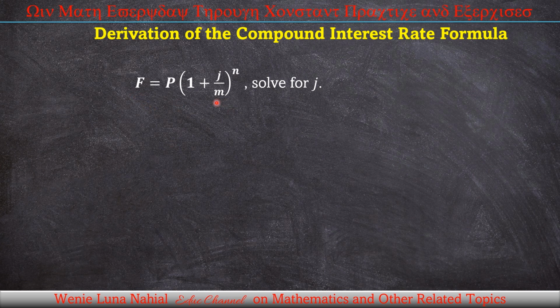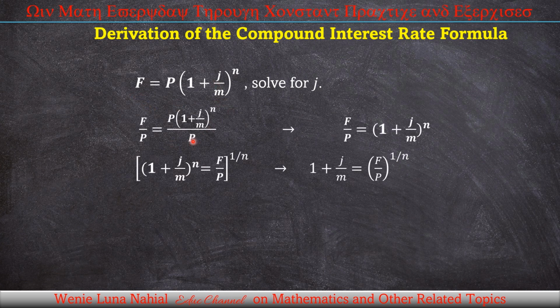In this formula, our goal is to solve for J. Now, we divide both sides of this equation by P. Then P divided by P is just equal to 1. So you have at the left F over P. So F over P equals the quantity 1 plus J over M raised to N.